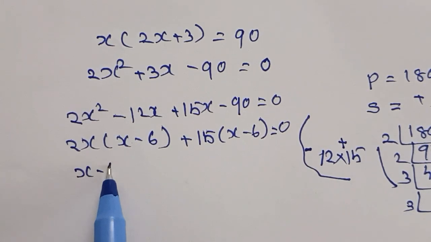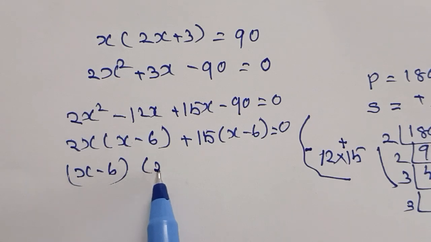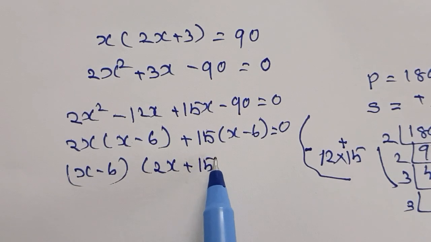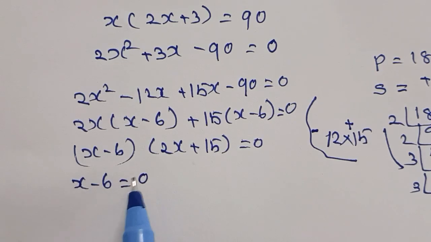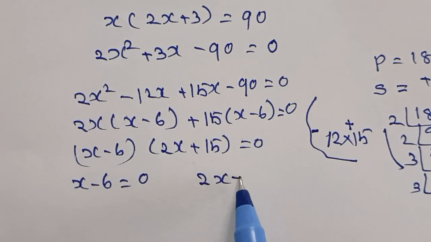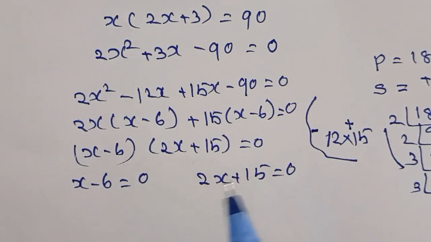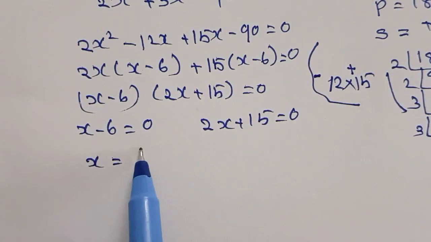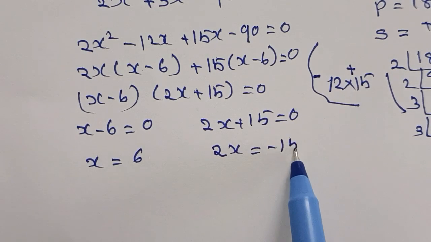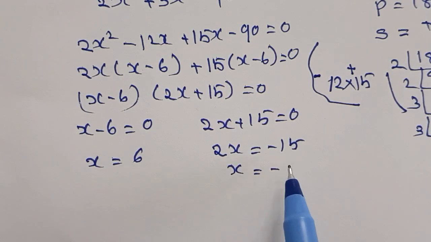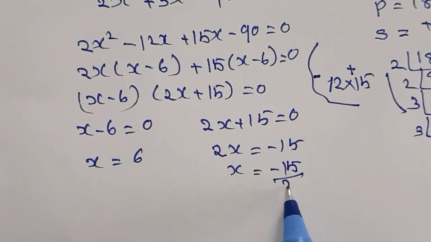That is x minus 6 into 2x plus 15 equal to 0. So first factor x minus 6 equal to 0, second factor 2x plus 15 equal to 0. Here we get x equal to 6, and second one 2x equal to minus 15, therefore x equal to minus 15 divided by 2.